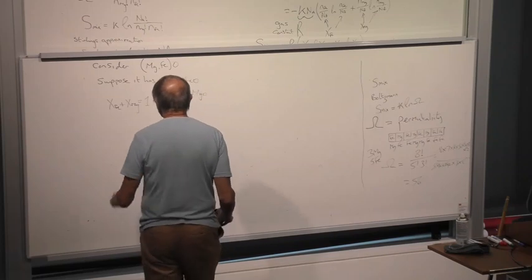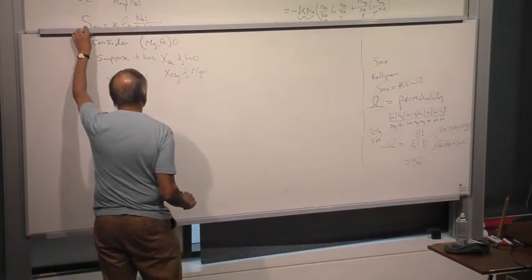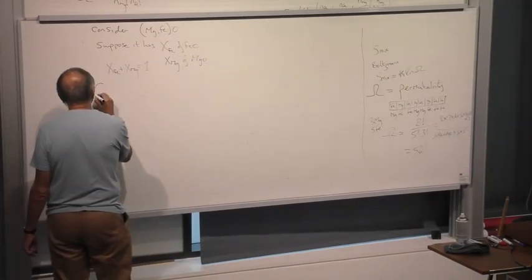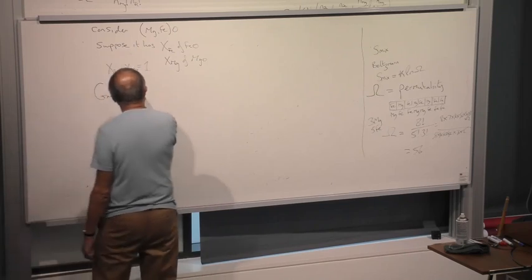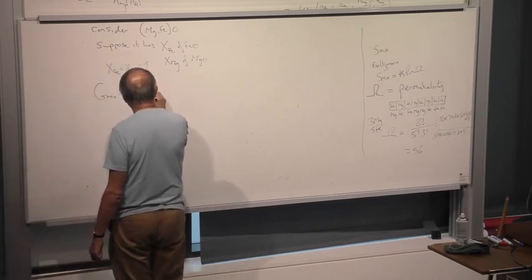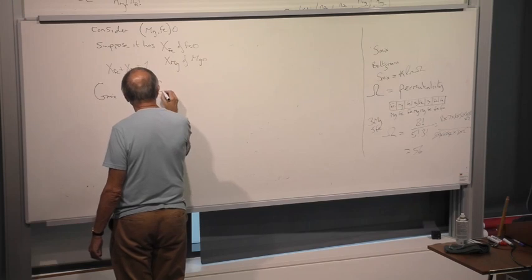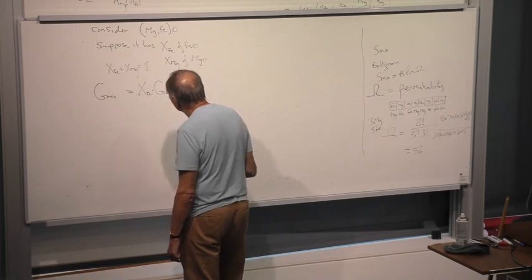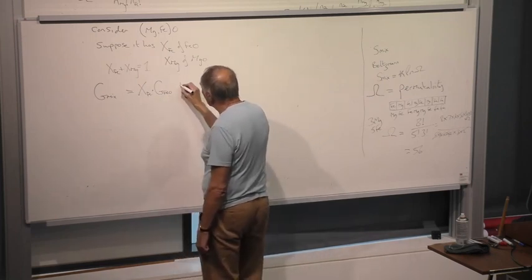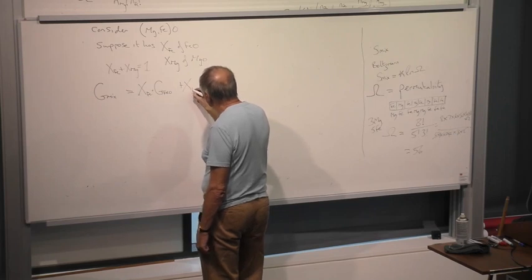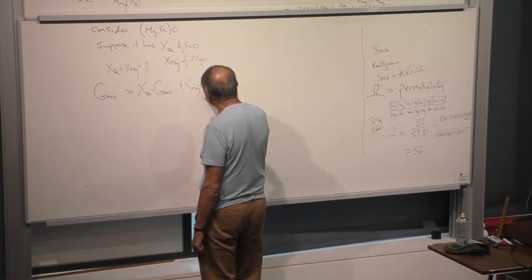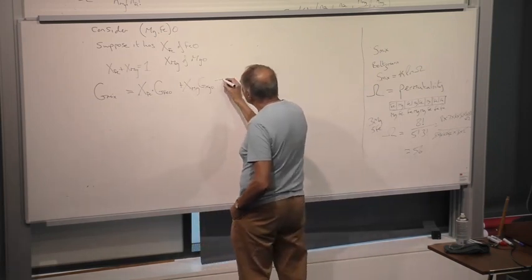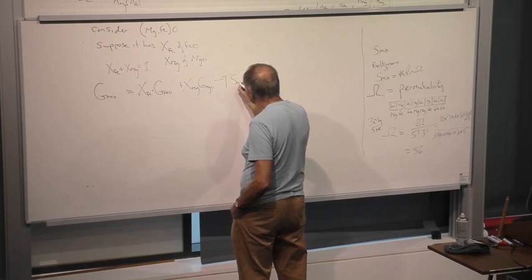So the free energy of this mixture is going to equal XFe times the free energy of FeO plus XMg times the free energy of MgO minus T times the entropy of mixing.